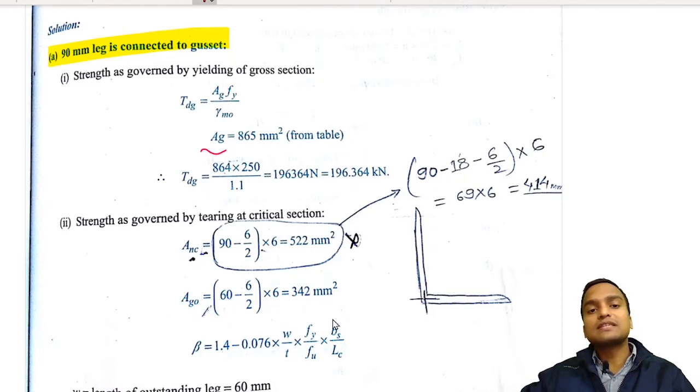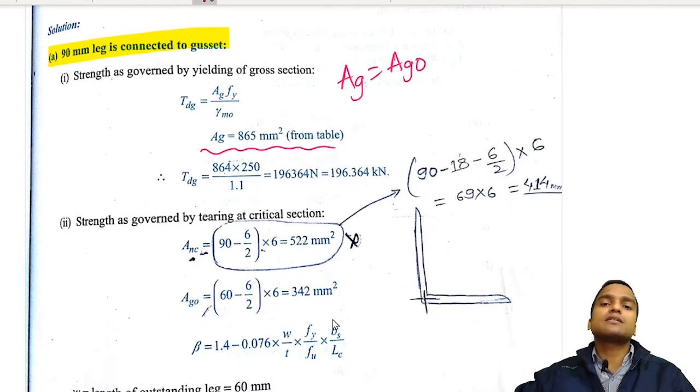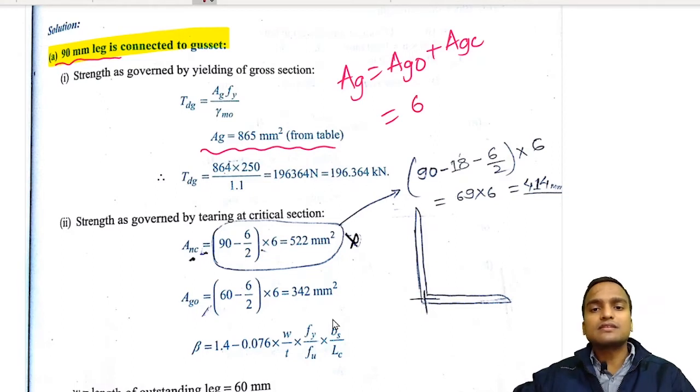Now how is this AG value calculated? You can use steel tables, but I have also already told you AG can be calculated as gross area of outstanding leg plus gross area of connected leg. Since the 90 mm leg is the connected leg, the outstanding leg is 60 mm minus T by 2 here, and T is 6 mm, so 6 by 2.